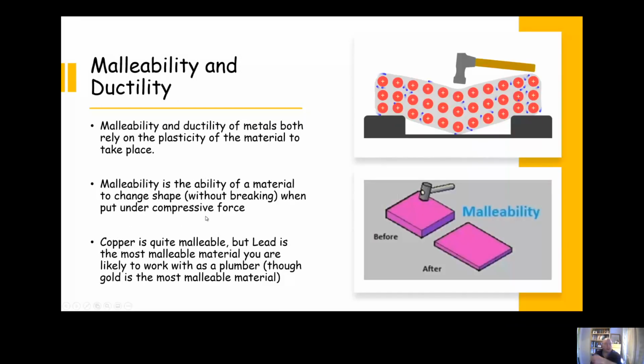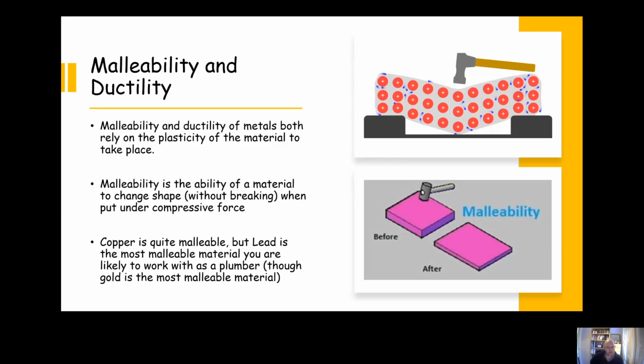So we're going to talk about malleability and ductility as well. Malleability and ductility essentially are reliant on plasticity. Once they are put under a certain type of force, then they won't return to their original shape. Malleability is when materials suffer plastic deformation. They change shape under compressive force, and the prime example of a very malleable material is lead.